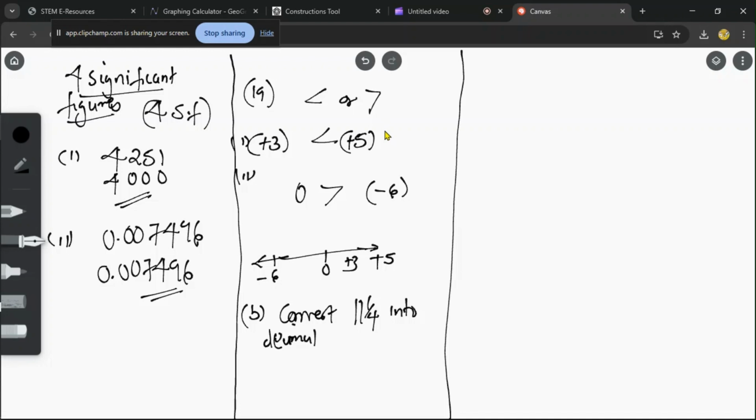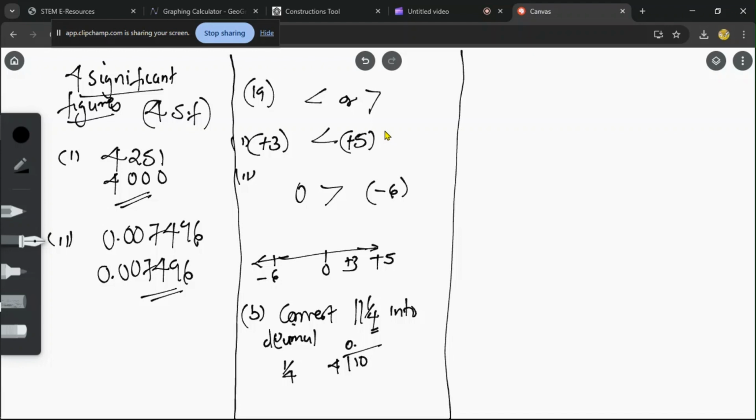I can choose either to change into improper fraction, or else this is a whole number. 11 here is a whole number, so I just convert this fraction, this one. So I can take one lower form, I convert into decimal, and this is a quarter. So 1, I put 4 here. 4 goes into 1 how many times? It doesn't go there, so 0 point is a too smaller number.